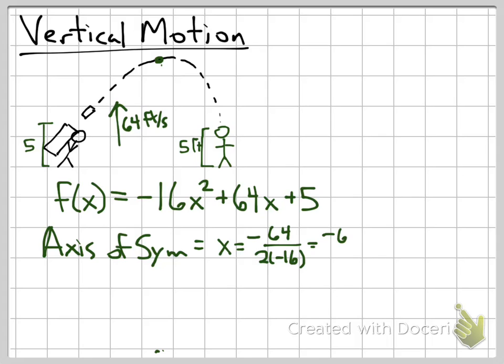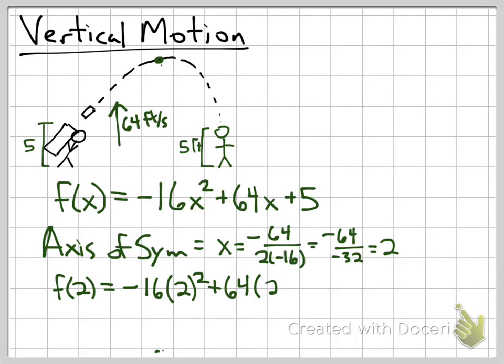This gives us negative 64 over negative 32, which comes out to be 2. We then take that and plug it into our equation. Negative 16 times 2 squared plus 64 times 2 plus 5.